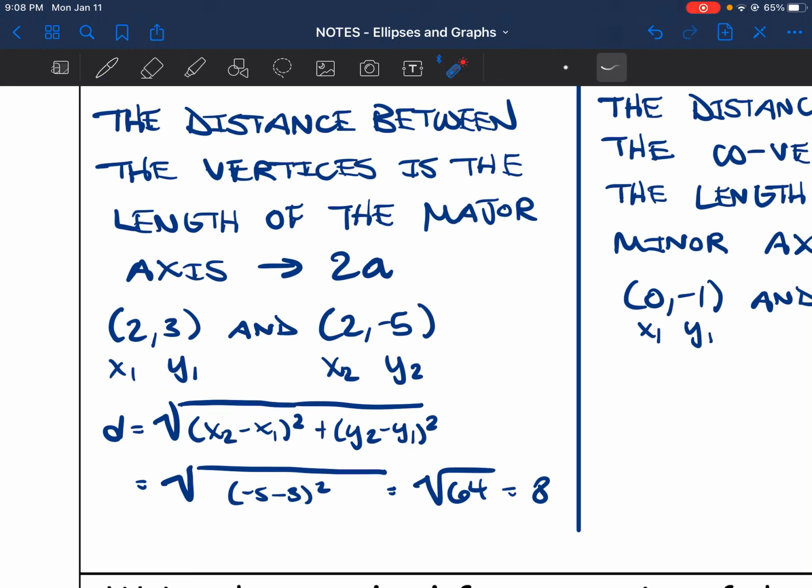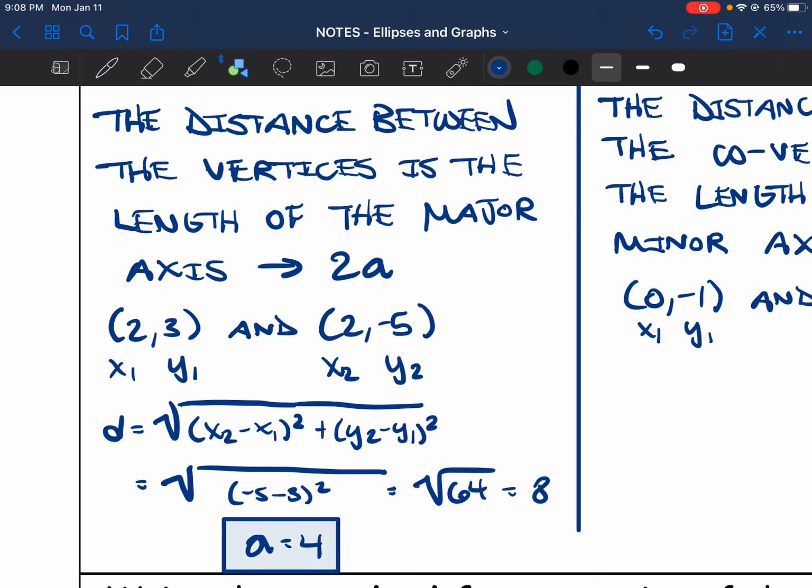So this is the length of the major axis, 8. And again, A is half the length of the major axis, or the distance between the center and a vertex. So that means A is equal to 4. Okay, so we're going to need that.